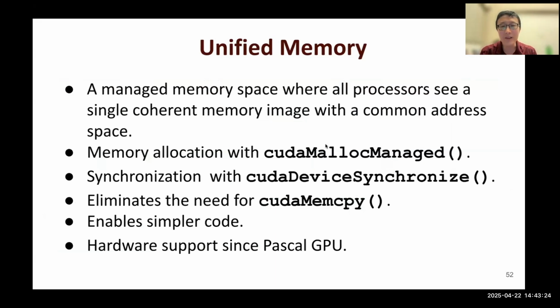CUDA will be allocating the corresponding memory for both CPU and GPU. And whenever a CUDA device synchronization function is called, it will copy the latest update on either the CPU or GPU to the one which was not updated. So it will synchronize the data and give you the latest data on both CPU and GPU.